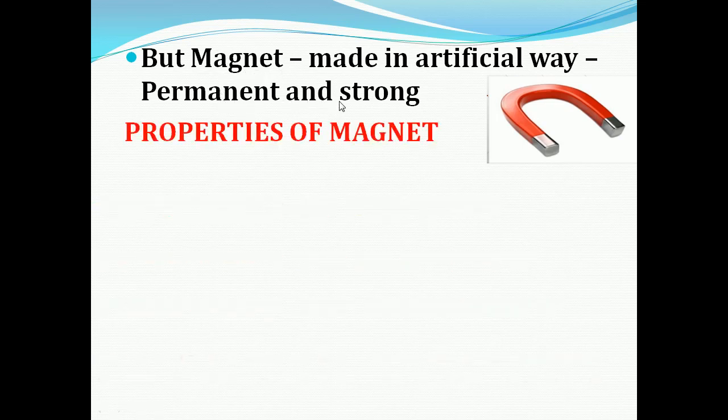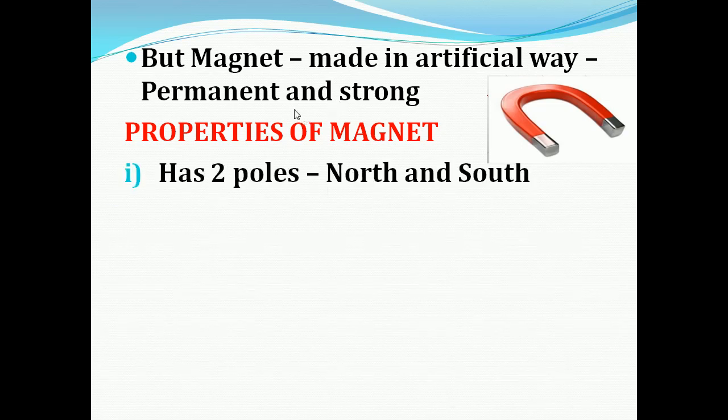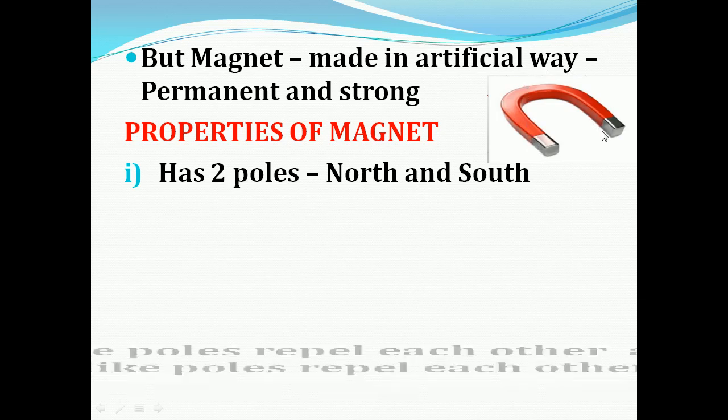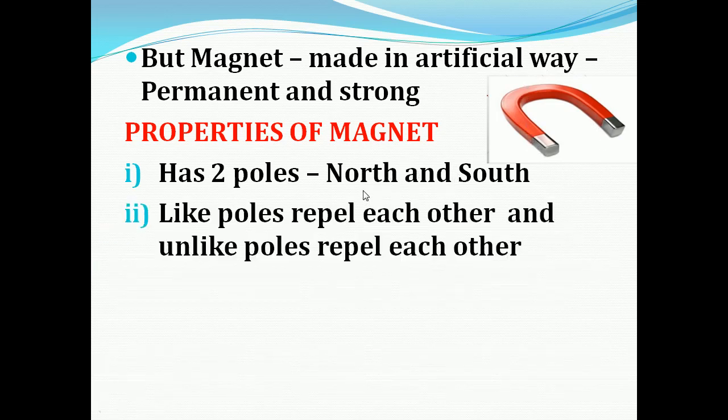Now we can see what are the properties of a magnet. A magnet has two poles, north pole and south pole. Like poles repel each other. Like poles means if the poles are north and north, that is like poles.